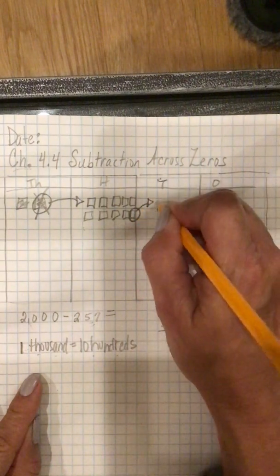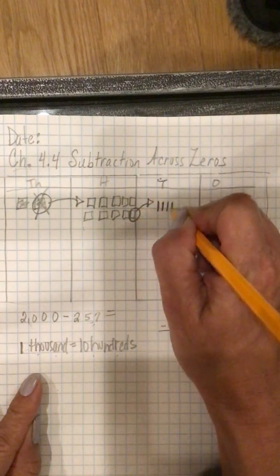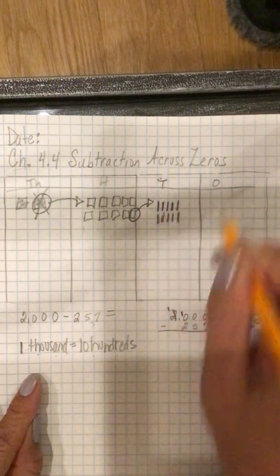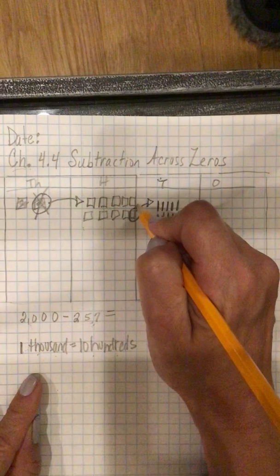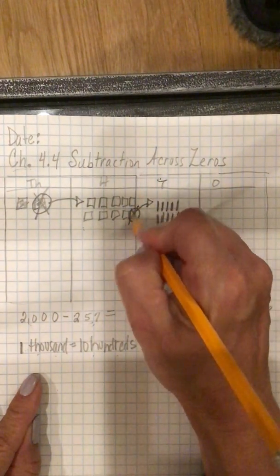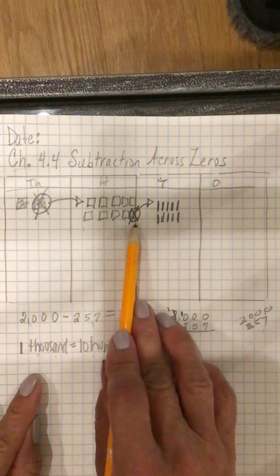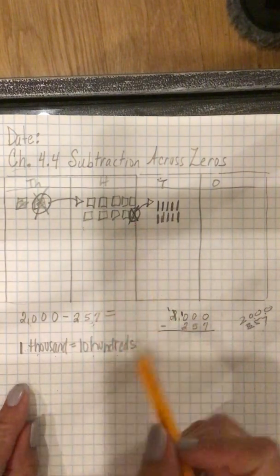100 is equal to 10 tens. Make sure you cross off the 100 that you use. It is not okay to reuse that 100.